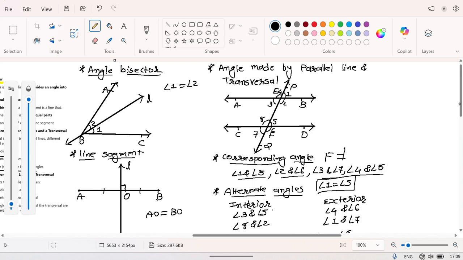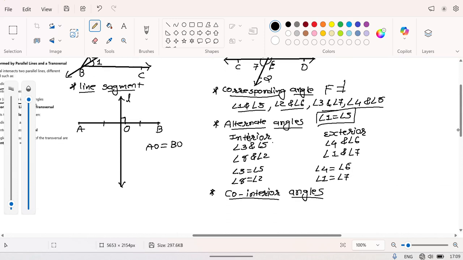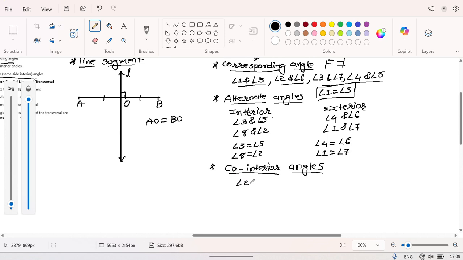Those kinds of angles are called co-interior angles. So angle 2 and angle 5, and angle 4, angle 3 and angle 8, these are the pairs of co-interior angles. And pairs of co-interior angles are always supplementary. It means angle 2 plus angle 5 equals 180 degrees, and angle 3 plus angle 8 equals 180 degrees.